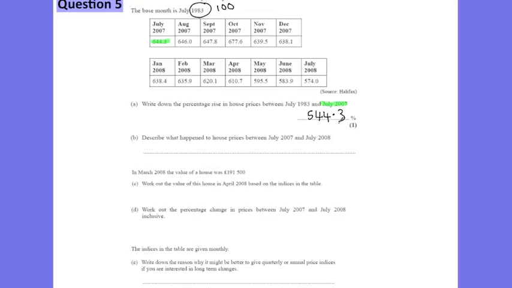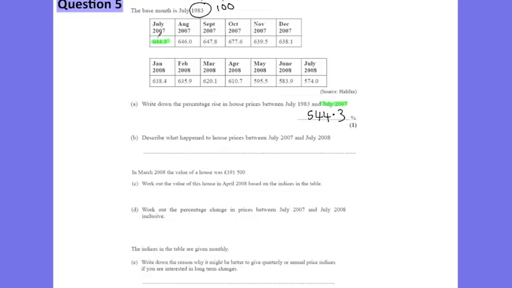We're then asked to describe what happened to house prices between July 2007 and July 2008. Looking here, we can see increase, increase, increase, then decrease, decrease, decrease, decrease, decrease, decrease, decrease, decrease, decrease.